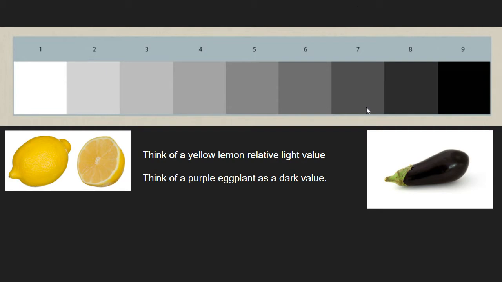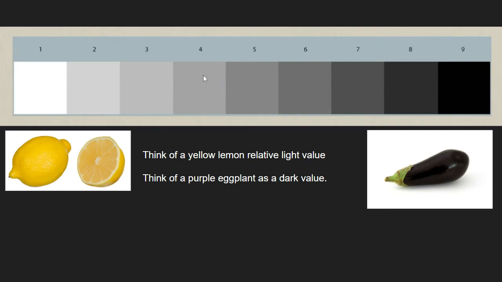So for example, 1 and 9, or even 2 and 9 would be a big contrast, a high contrast. Low contrast, on the other hand, are values that are right next to each other on the value scale. Okay, so for example, 2, 3, and 4 would be considered a low contrast grouping of values.